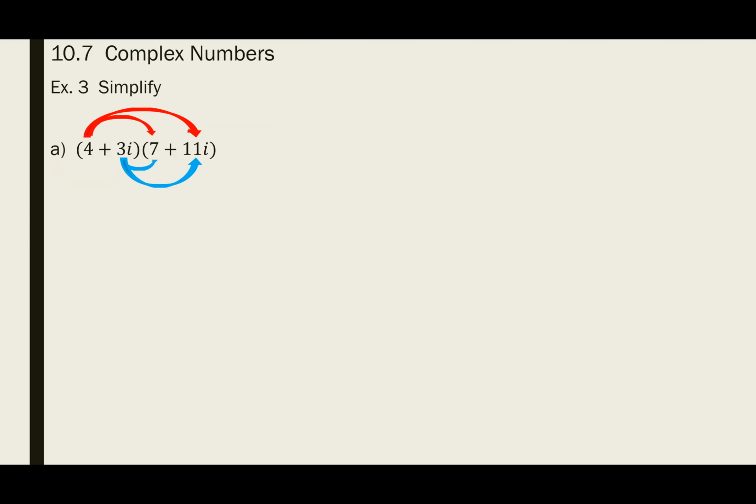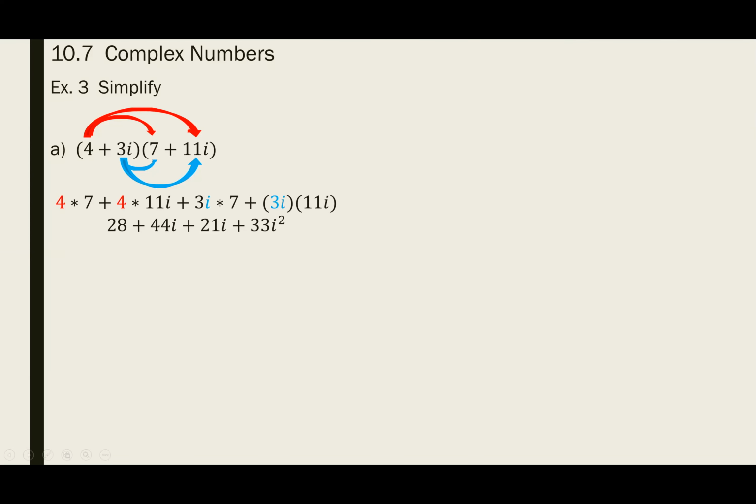If we take 4 times 7, that is equal to 28. 4 times 11i gives you 44i. 3i times 7 gives you 21i. And 3 times 11 gives you 33i times i, which is i squared. Remember, if you have i times i, you add the exponents: 1 plus 1 gives you i squared.